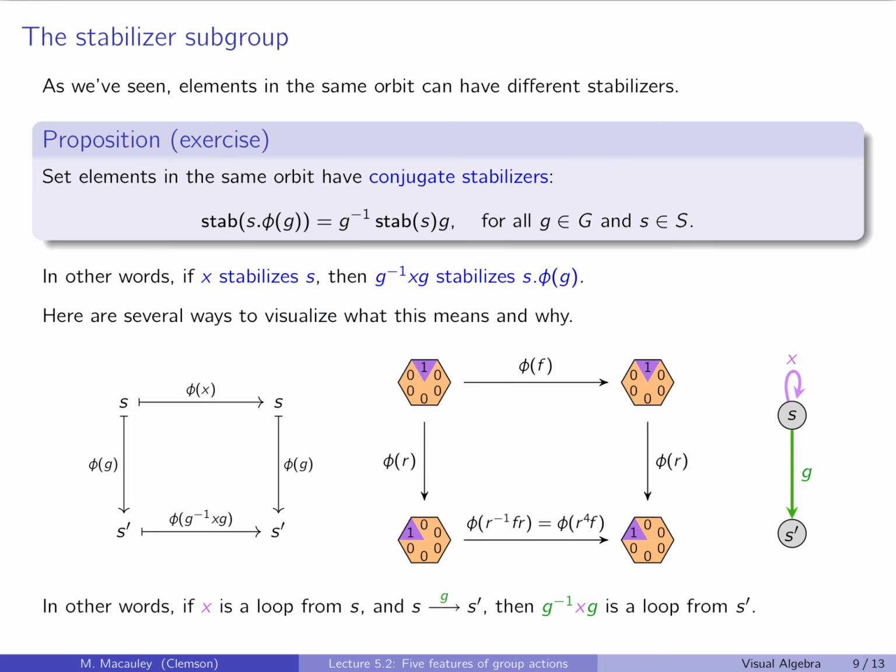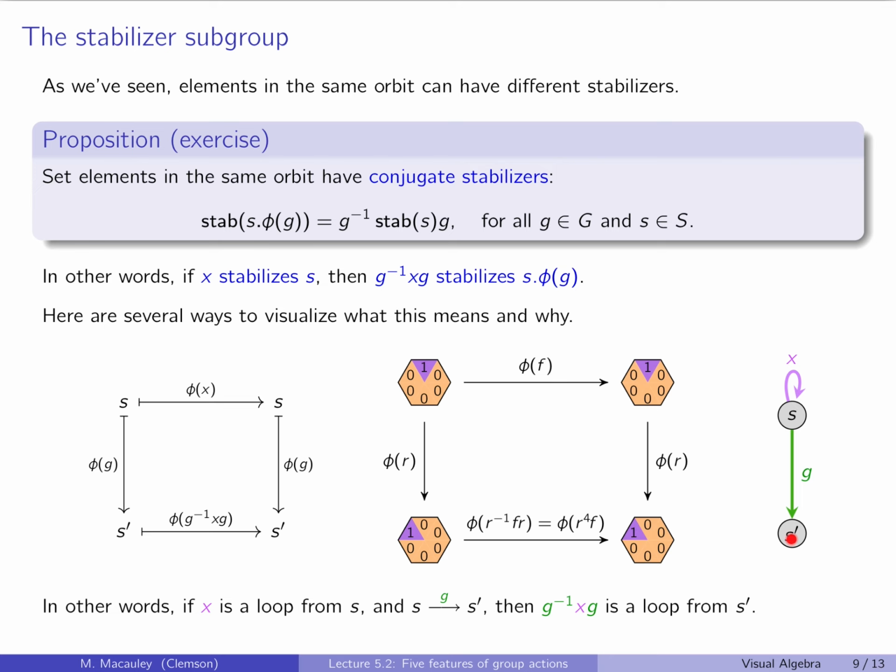I'm going to start with the action graph version over here. Suppose we have s, and then we hit the g button and we send it to s prime. If x stabilizes s, that means x is an element that has some path that is a loop from s. So anytime we have a loop corresponding to pressing the x button from s, then we have a different loop from s prime. Do you see it?